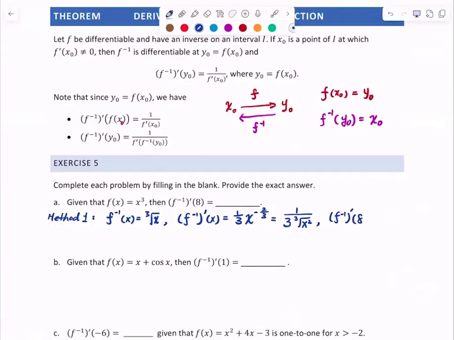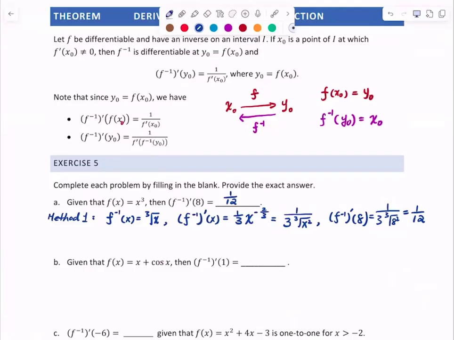So derivative of f inverse at 8. So you plug in and do it. I think it's 1/12. So if you know the inverse right away, you don't have to go through that hoop to get it.